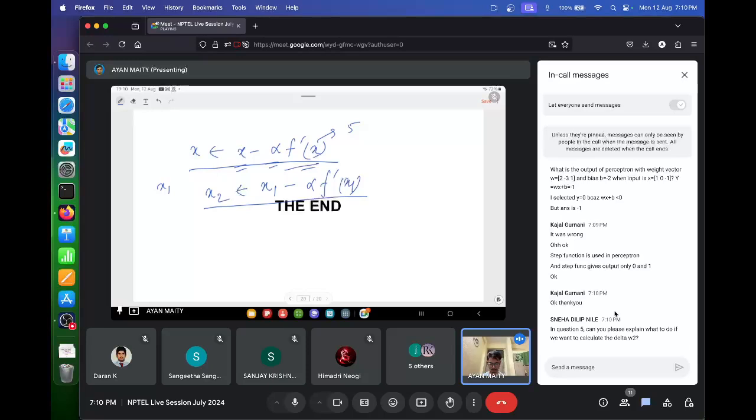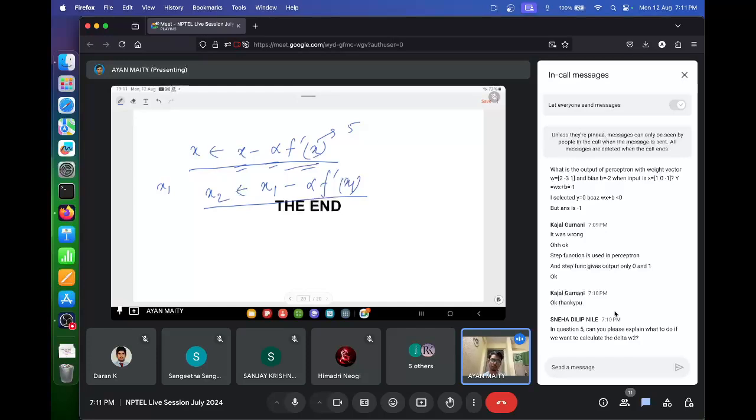Okay, thank you. Question 5, delta W2. Delta W2 would take a lot of time and a lot of calculations. I also don't exactly remember the exact equation for delta W2, but it has been calculated in the lecture videos step by step.